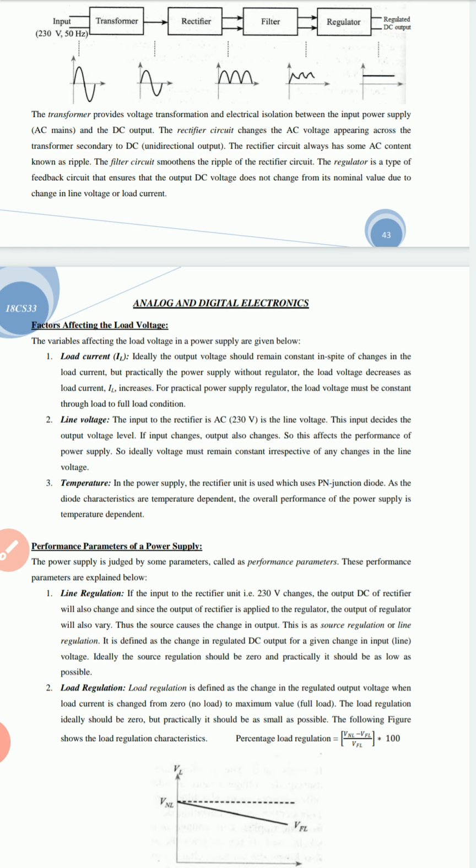There is an interlink like that. That's why these factors are very important: load current, line voltage, and temperature. Next, we'll see the performance parameters of the power supply.